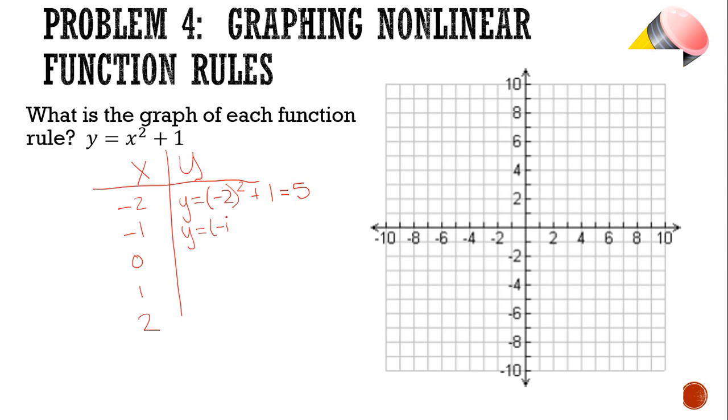Y equals negative 1 squared plus 1. Negative 1 squared is 1 plus 1, 2. Let's plug a 0 in. 0 squared, 0, plus 1, 1. 1 squared, 1, plus 1, 2. 2 squared, 4, plus 1, 5.